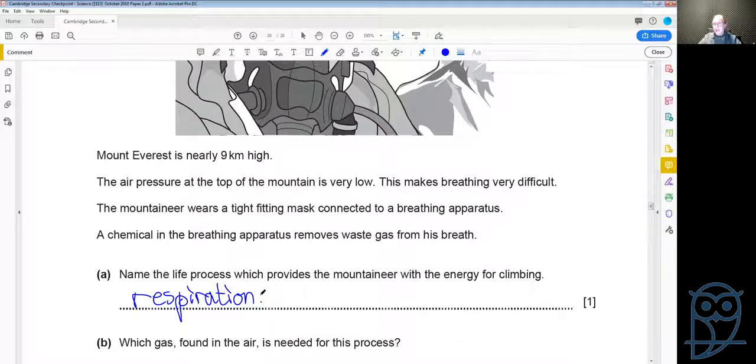Breathing is literally the act of getting oxygen into your body, and then your cells will use that oxygen along with some stored or gotten carbohydrates in order to turn it into CO2 and release some energy. So that is what gives your body energy, is literally respiration.